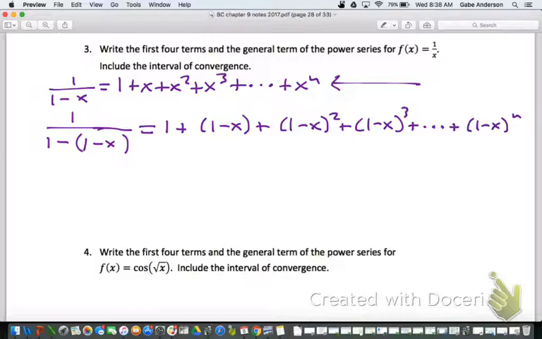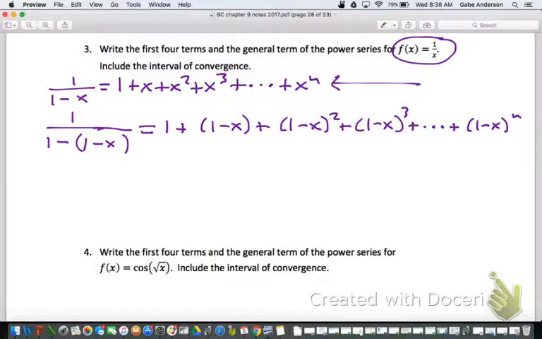We've moved the centering point over a little bit. And the reasoning behind that is that 1 over x is not defined at 0. Right? You can't plug in a 0 there. And so because 1 over x is not defined at 0, we have to have a different centering point in order to write a power series for it. And so it just so happens that using substitution here, having a centering point of 1 is the way to go.